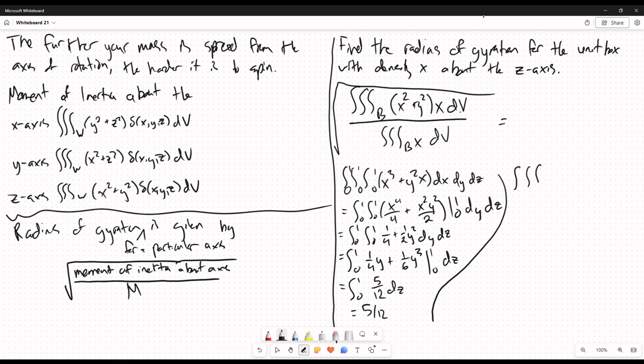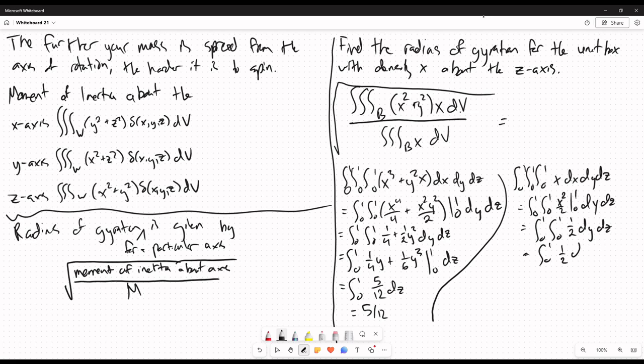The mass is just going to be the triple integral of now just x, dx dy dz. That's going to be the integral of 0 to 1, 0 to 1, x squared over 2 from 0 to 1, dy dz. That's just going to be the integral from 0 to 1, the integral from 0 to 1 of 1/2 dy dz, which will be the integral from 0 to 1 of 1/2 dz, which will just be 1/2.